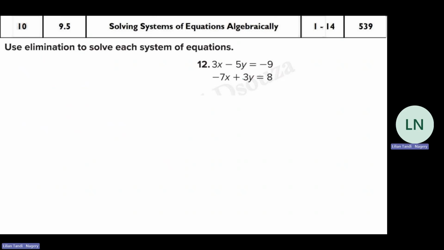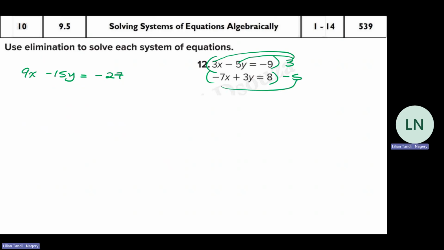All right. I will eliminate y. 3 and negative 5. Okay. So 3 times 3, 9x. 3 times negative 5, negative 15y equals to negative 27.